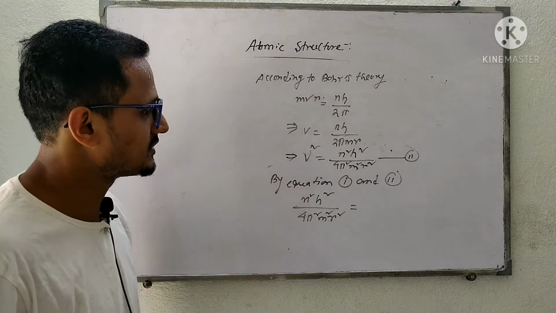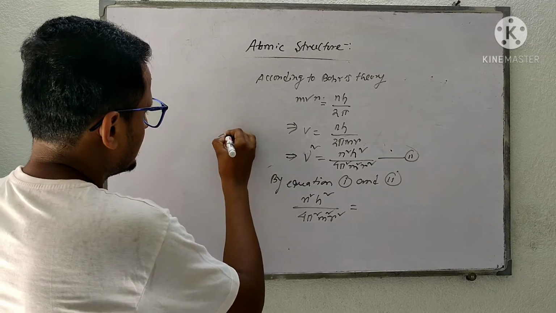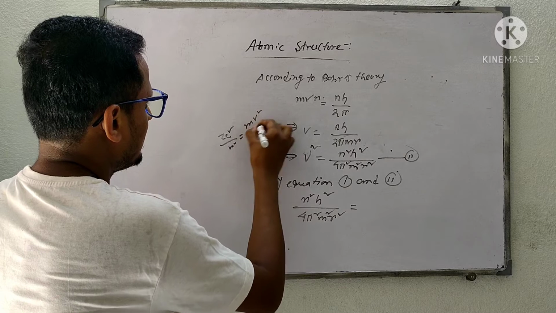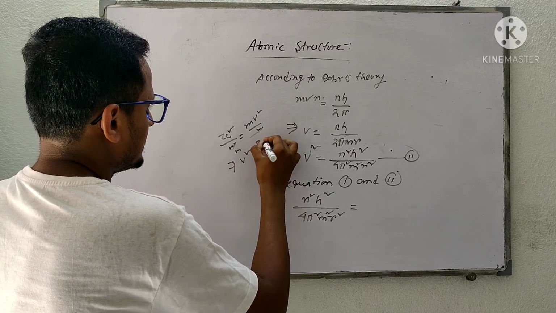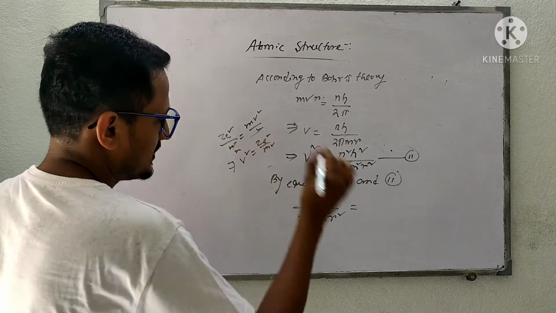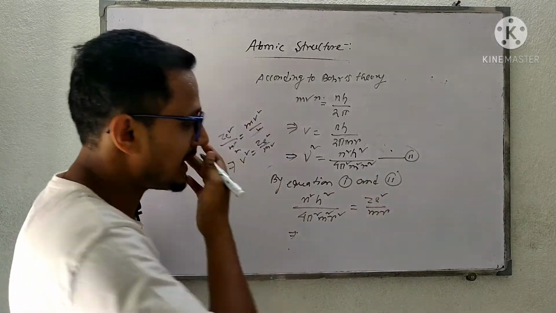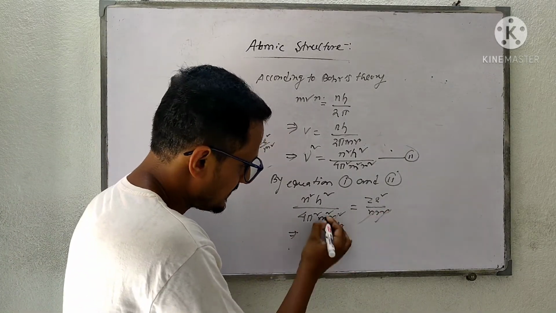And from equation 1 what we have got, actually I have just erased that one, z square by r square equal mv square by r. We have got v square equal z square by mr. So we have to put here z square by mr. Now we will calculate r from here. How will we calculate this? r will be connected by this r, m sorry.